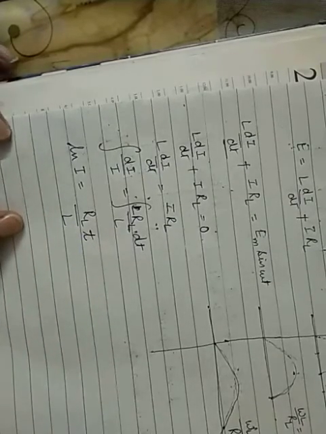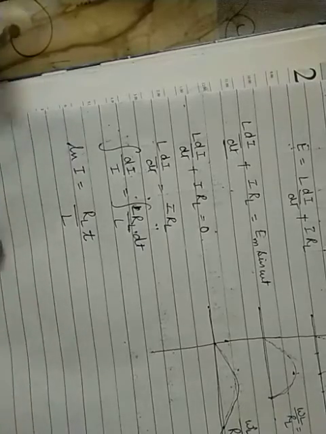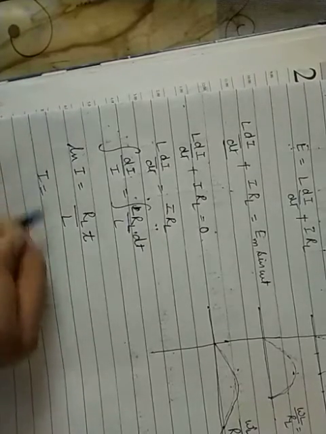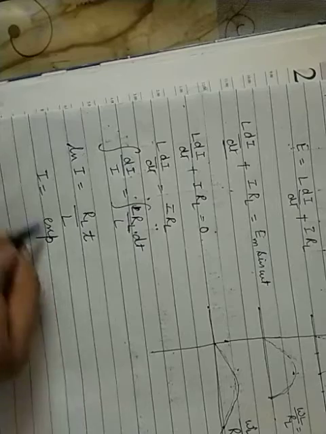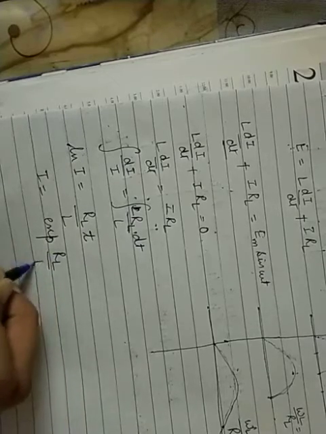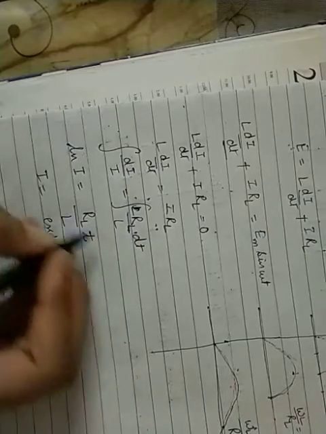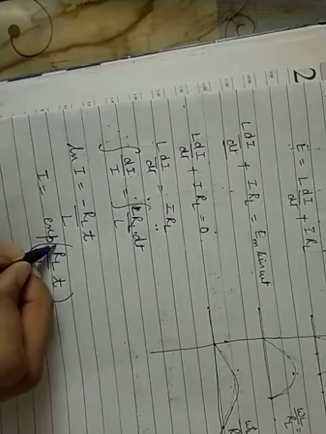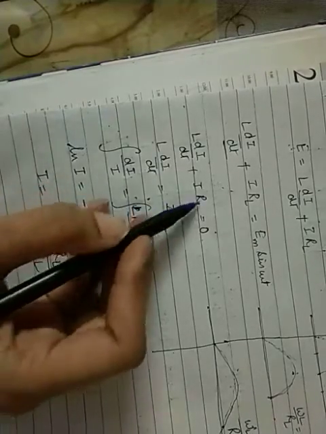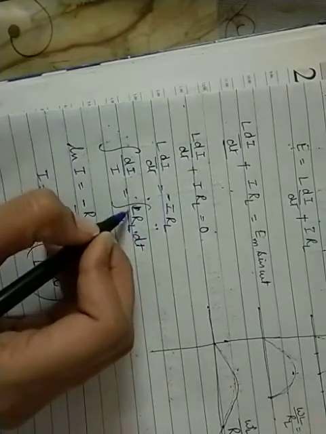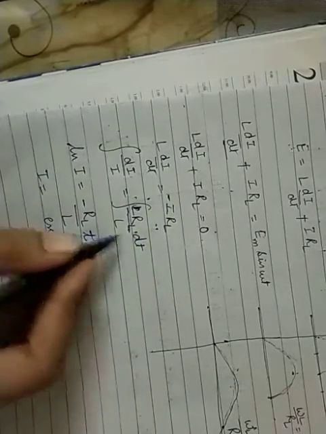So I is equal to exponential of minus RL by L t. This term is negative actually.